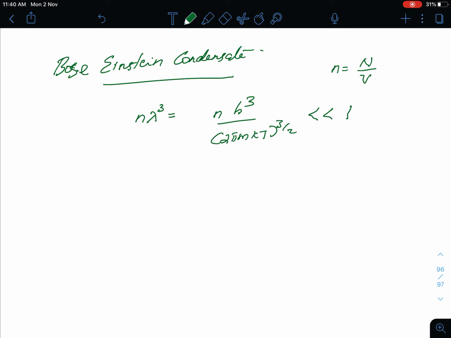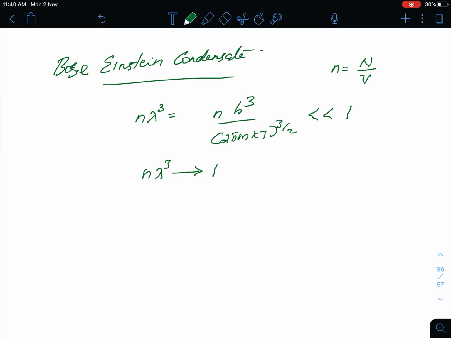Now, suppose for some systems, this n lambda cube tends to unity. That means somehow we have a system for which n lambda cube tends to unity.